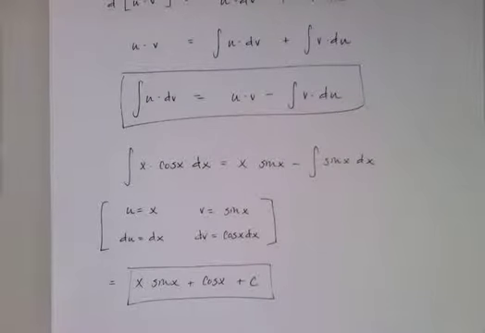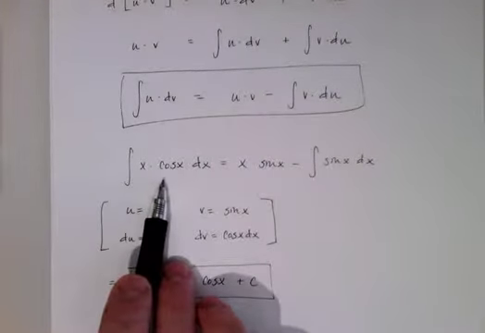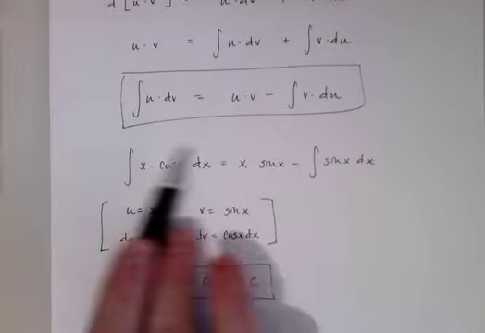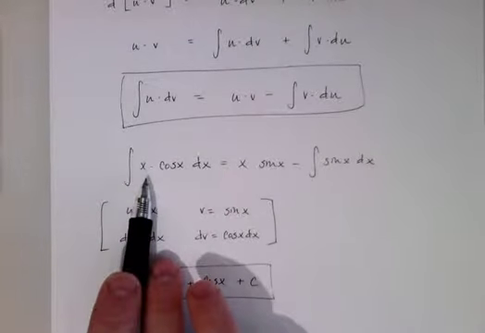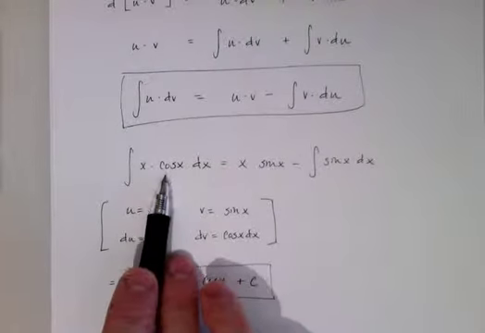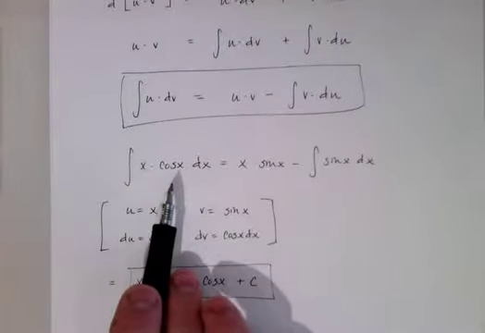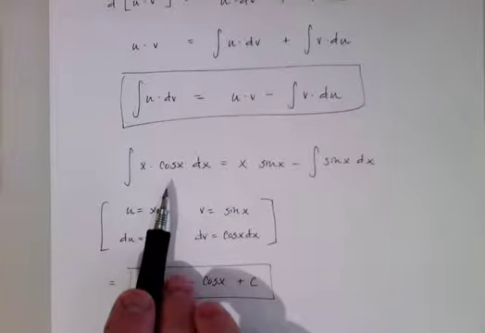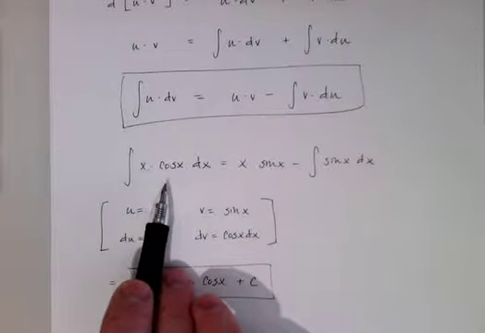Now, the question is, how did I know what to designate as u and what to designate as dv? What makes this integral a problem? Well, it's the fact that it's got both x and cosine x, okay? So I want to figure out one of them that I can get rid of.